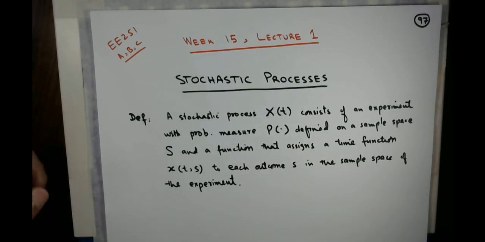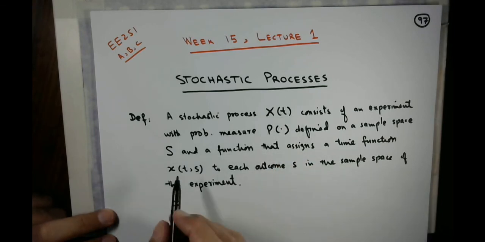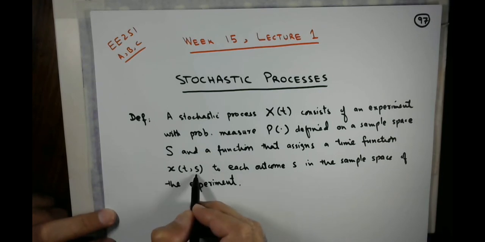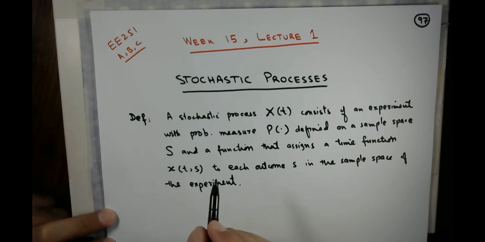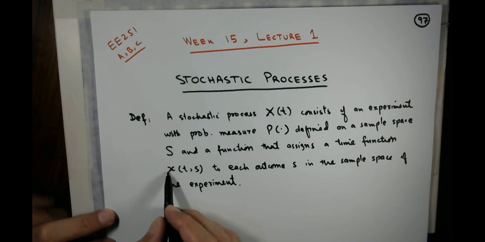If you recall, we had random variables like capital X, capital Y, and then we had small x and small y. So small x and small y were the values of those random variables, capital X and capital Y. Similarly, capital X of t is the stochastic process, and this small x of t is one of the time functions associated with this sample value of the experiment with sample space S. So this is one time function of this process.